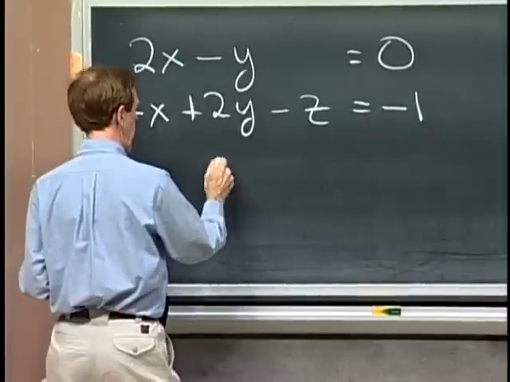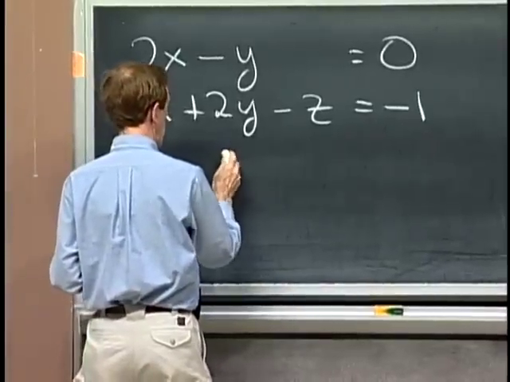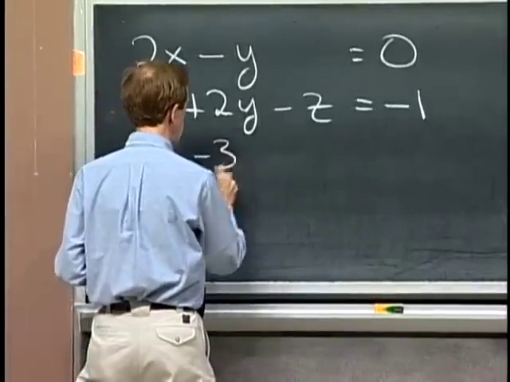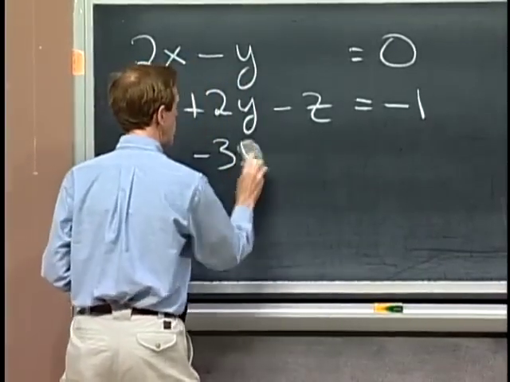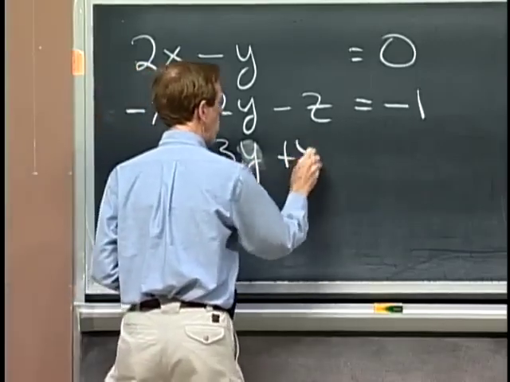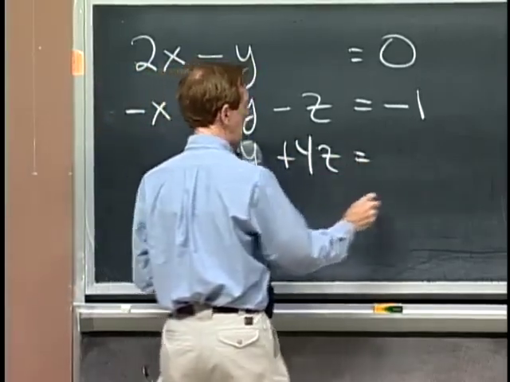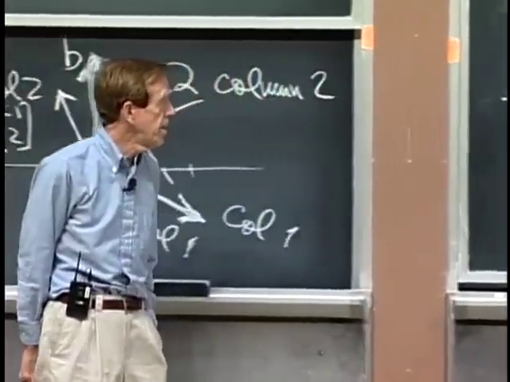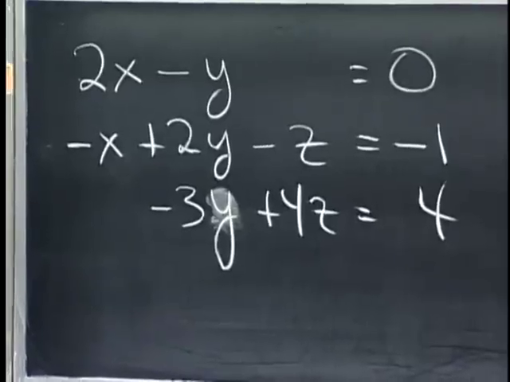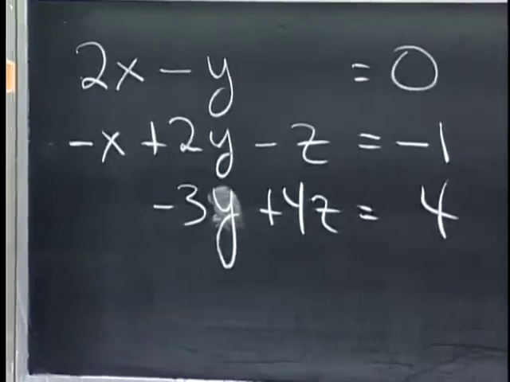And just for variety, let me take minus 3y's. I should keep the y's in that line. And 4z's is, say, 4. Okay. That's 3 equations. I'm in 3 dimensions, x, y, z.